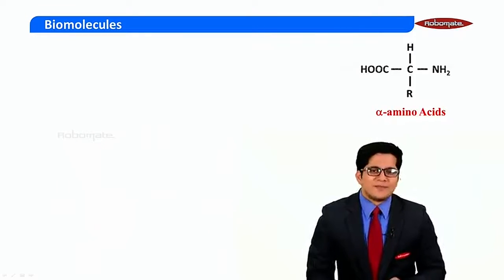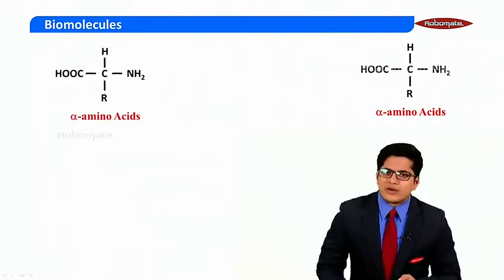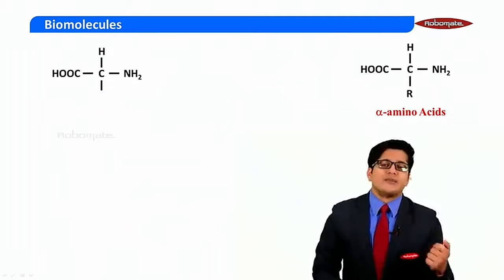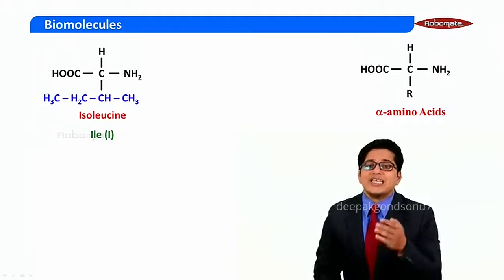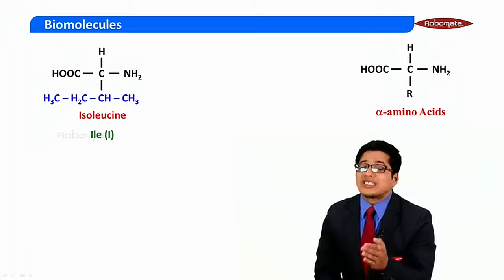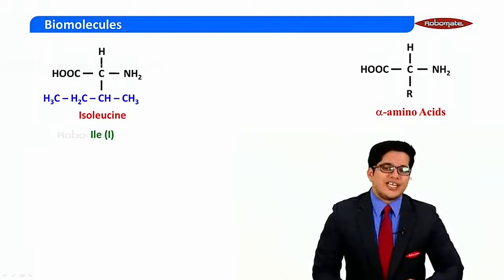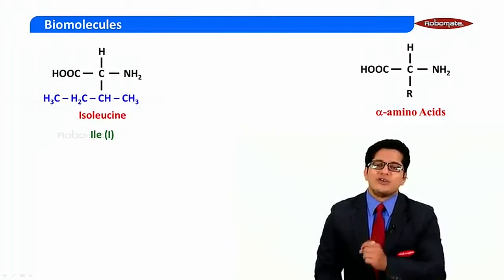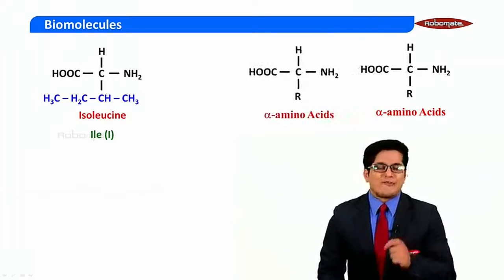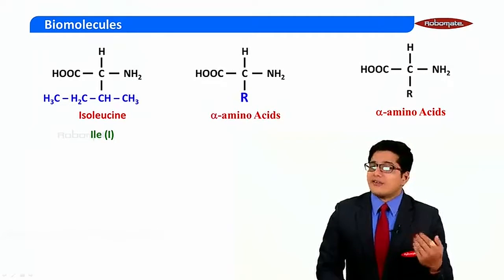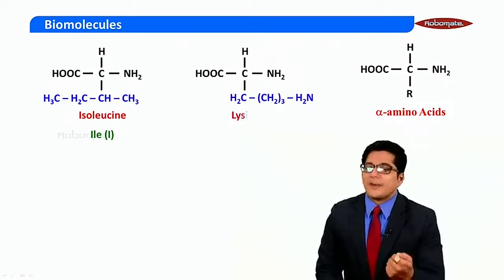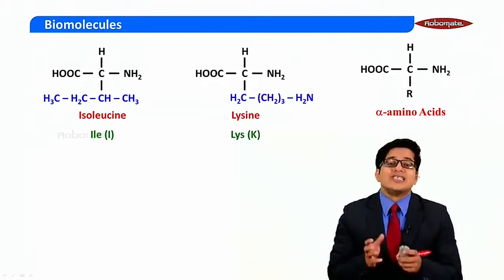Let's move further. Let's take one more amino acid. Again the R is removed. Instead of this we place CH3, CH2, CH, CH3. We get isoleucine.